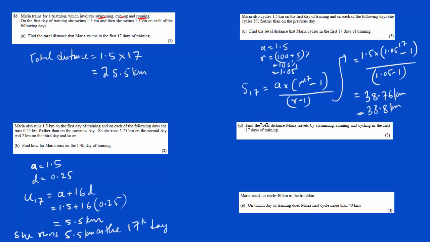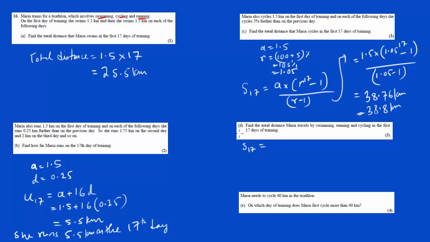Question number D. Find the total distance Maria travels by swimming, running and cycling in the first 17 days. So for that we have to find the total distance spent running, because we only know the 17th day of training where she runs. So for that we have to find S17 from here.